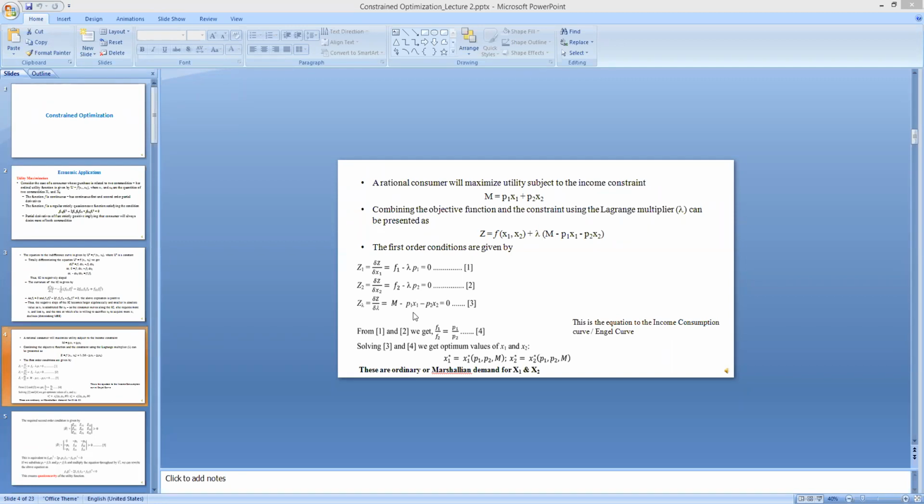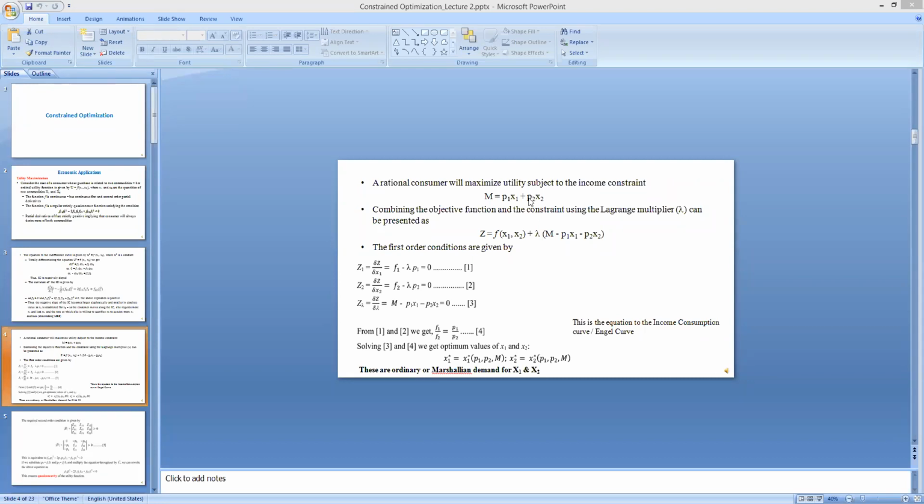So what we do, we combine equation 1 and 2, considering the ratio f1 by f2 is equal to p1 by p2. f1 by f2 is the absolute slope of the indifference curve, whereas p1 by p2 is the absolute slope of the budget line. So from the budget line, p2 x2 is equal to m minus p1 x1. In the next step, x2 is equal to m by p2 minus p1 by p2 x1.